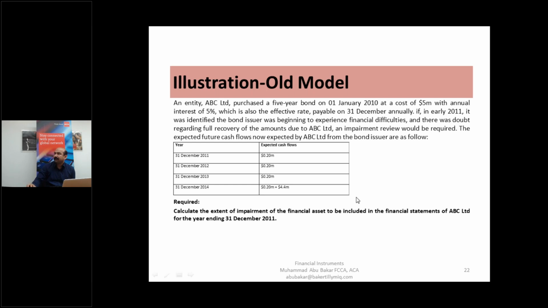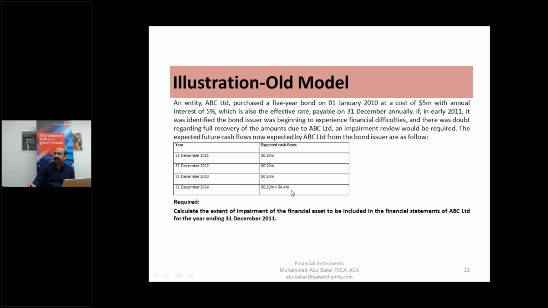See here, you can see that these are basically the expected cash flows at the date subsequent to the date when we feel that there are indications of impairment.